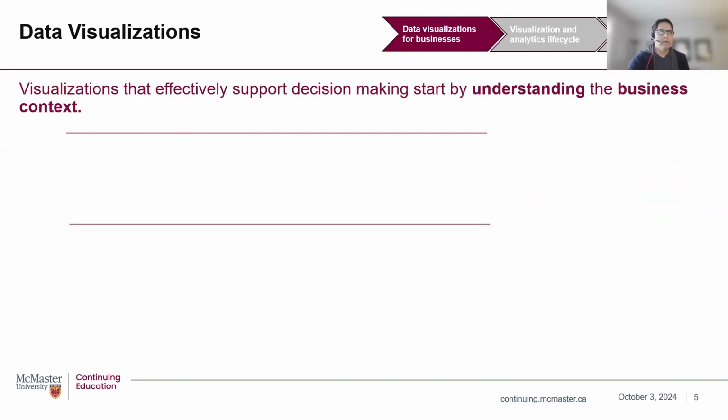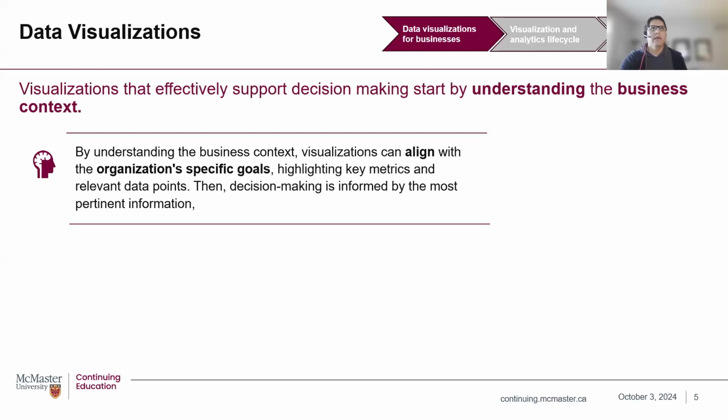Now, one of the key points when it comes to visualization is that, first, we need to understand the business. I'll repeat this a number of times, because without a proper understanding of the context, you will not know what you're trying to achieve. Once you have a clear understanding of the business, you will be able to align to those goals.